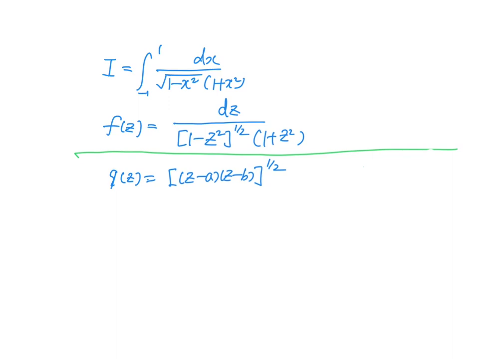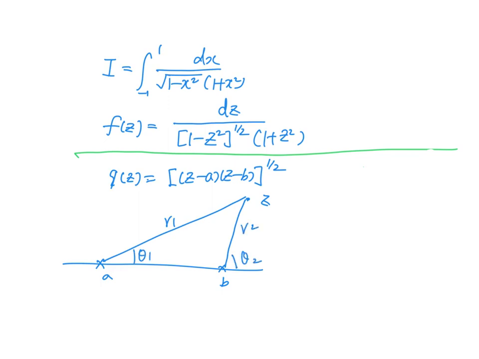Let's consider the following. We have point A, this is B, point C. Then z minus a can be written as r1 exponential i theta 1, and z minus b is r2 exponential i theta 2, right?